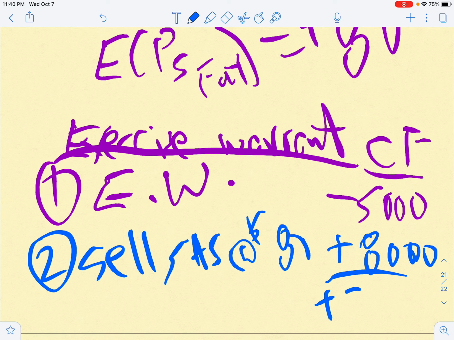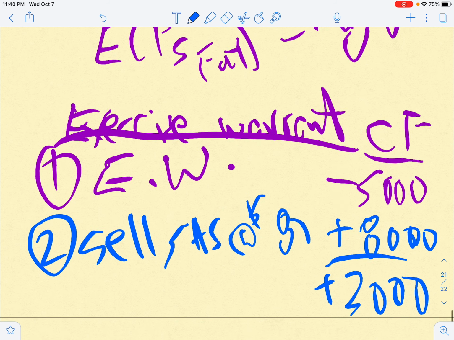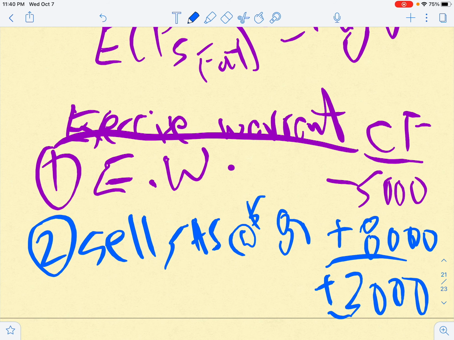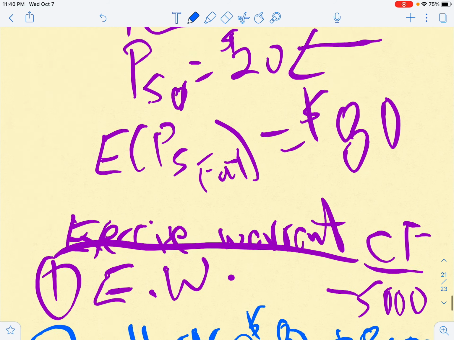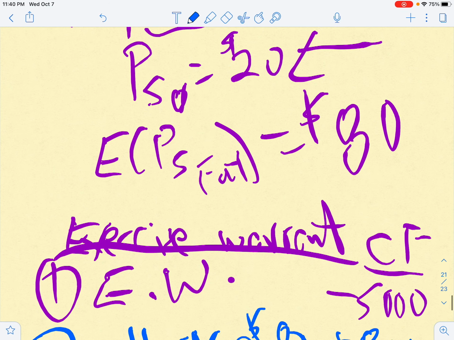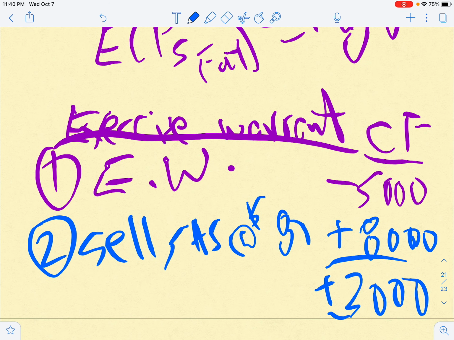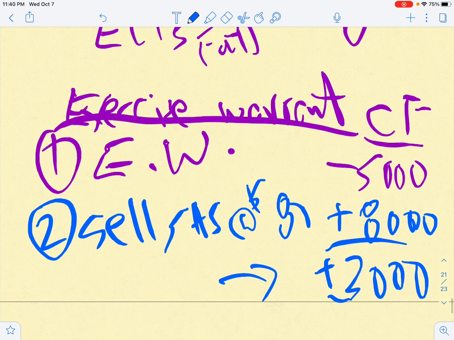And so we're up $3,000. So that's one thing you could do. You could exercise your warrant and make money. This is why people like warrants. If the stock price does rise, they can do very well here and make $3,000.